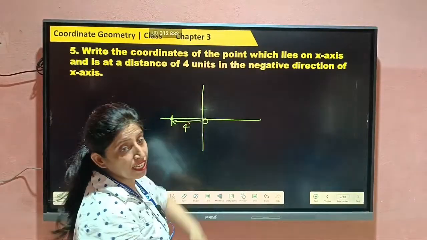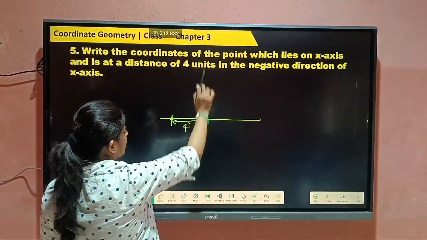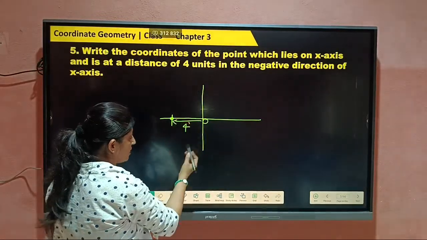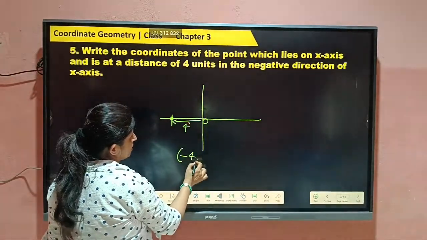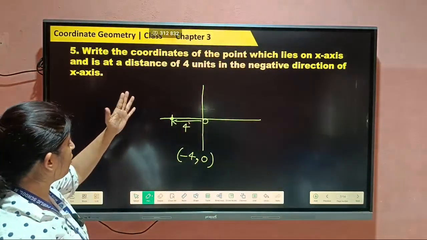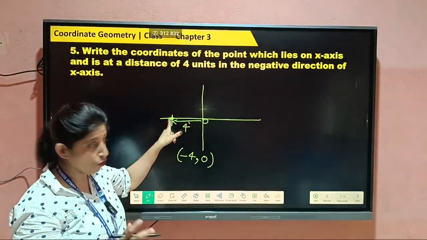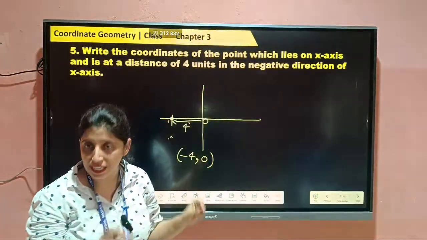On the y-axis, x is 0, and on the x-axis, y is 0.